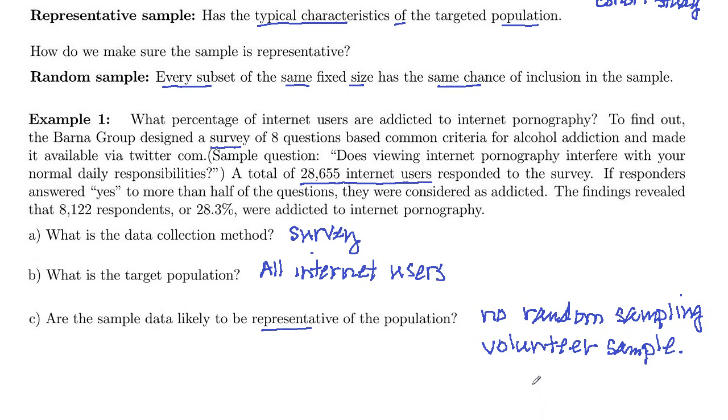And the people that volunteer for the survey could have thoughts or feelings that are very different from the population. That's always a danger when you have a volunteer sample. So for these two reasons, not having random sampling and because we got a volunteer sample, I would say probably not representative. So probably not.